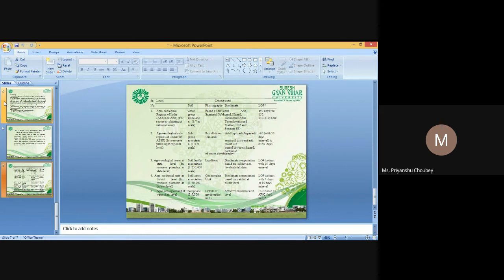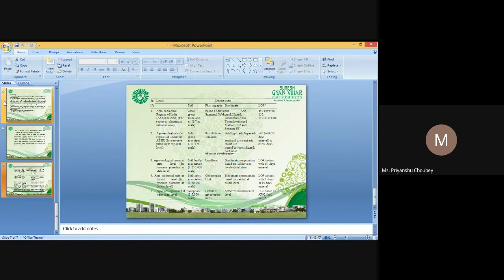LGP 90 days, and 90 to 150 and 150 to 210. Agroecological sub-region of India, AESR, for resources planning at the regional level.